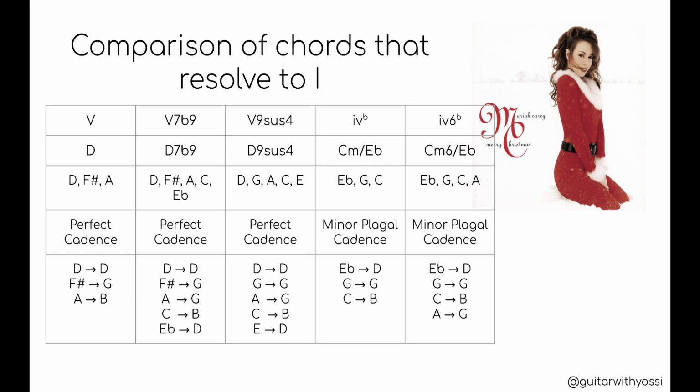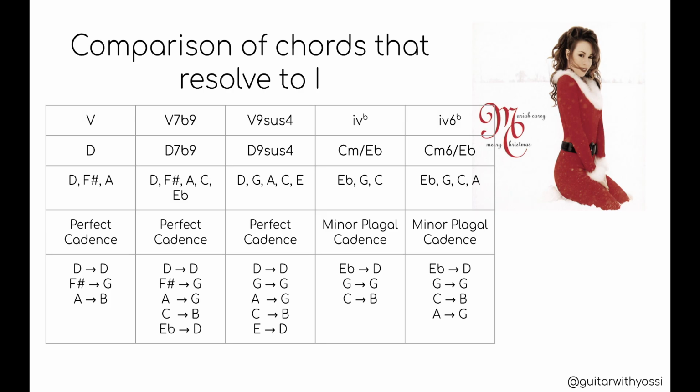Okay. Our friendlier friend, the D9 sus4, has G, so D, G, A, C, and E. I did not say that in the right order, but our D is going to go to D. Our G is going to stay on G. Our A is going to fall down to G. Our C is going to fall down to B. And our E is going to fall down to D. As opposed to our 5/7 flat 9.